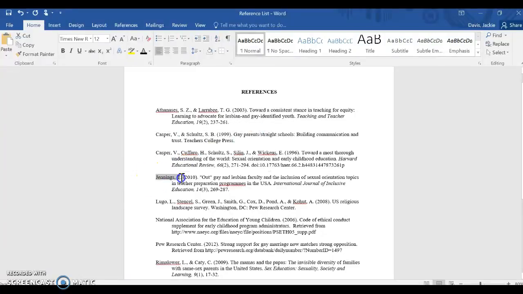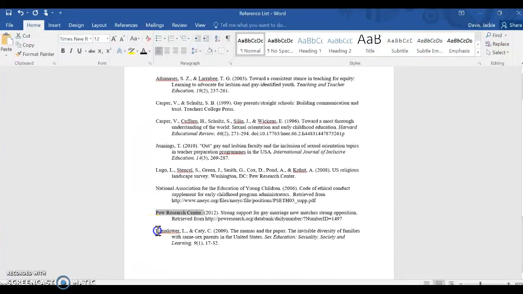Then Jennings, starts with a J. Then Lugo. And then here's one that is not an author's name. It's published by an entity or an organization, the National Association for the Education of Young Children. Another one here, the Pew Research Center. And then finally, Rimmelauer and Katie, excuse me.